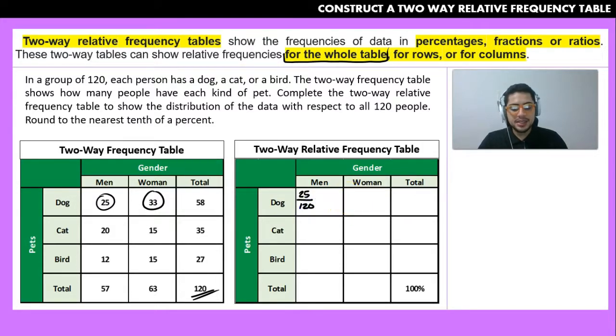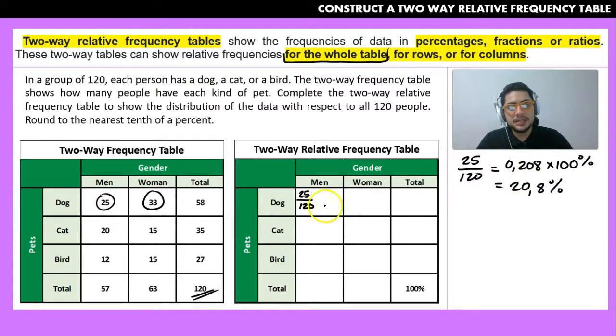And when we do that, that is going to give us 0.208, which is the proportion. Once we do this, we obtain an answer of 0.208, right? And to obtain the percentage, we just multiply it by 100%, giving us a total of 20.8%, right? And that is what we're going to do with every single value in the table.